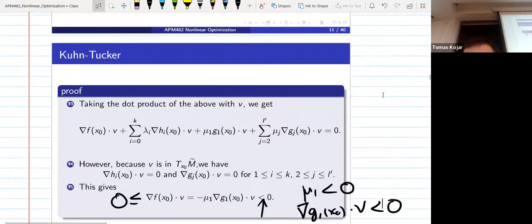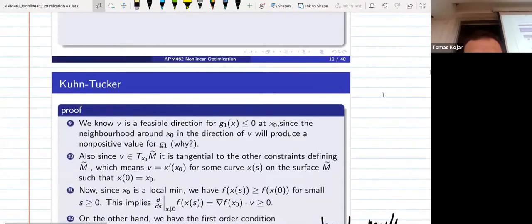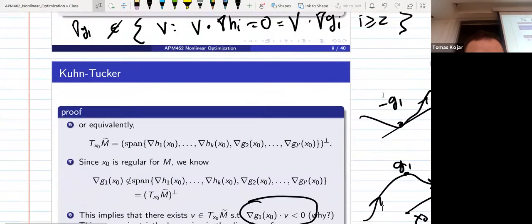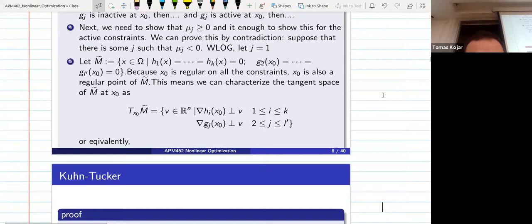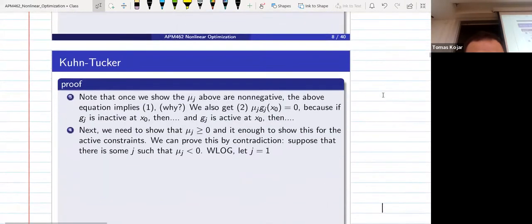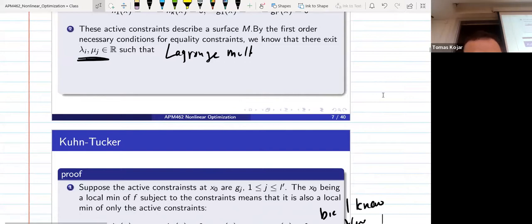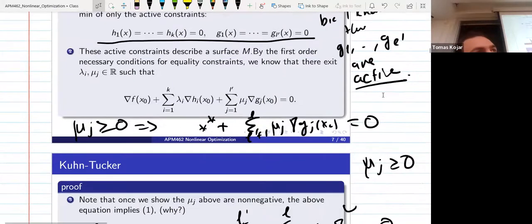Because we're not asking for a global min, we only ask for a local min, and we are away from the boundary. Did it make any sense to you?